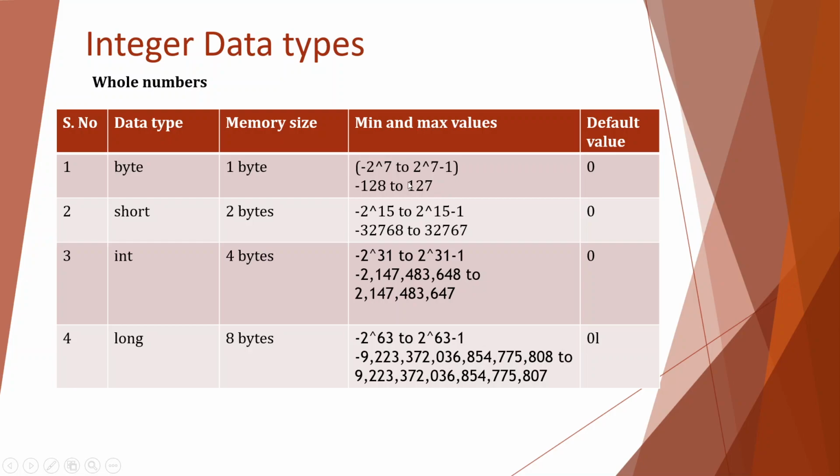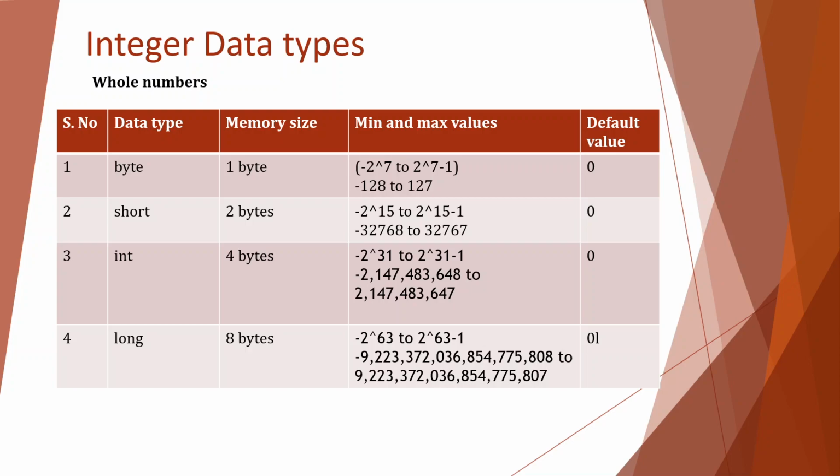See, this byte data type occupies 1 byte of data, and 1 byte means 8 bits. Any data in computer systems is stored as a binary number, zeros and ones. We use the two's complement system to represent those binary numbers.